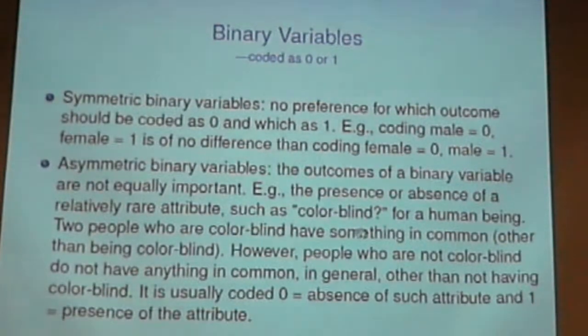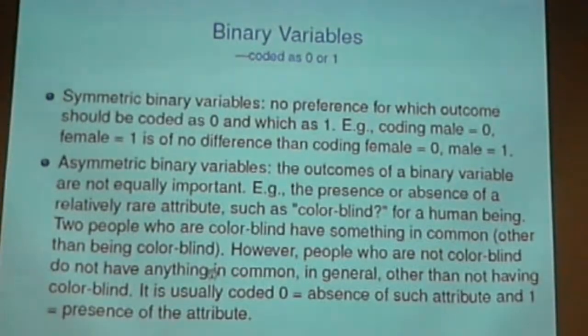On the other hand, people who are not colorblind do not have anything in common, or very little in common, right? So this kind of matchup would be less important than the other matchup. A 1-1 matchup is more important, has more serious consequence, and they would be more similar.